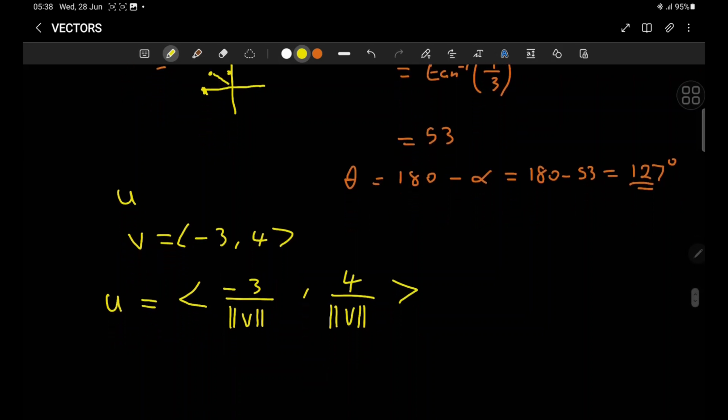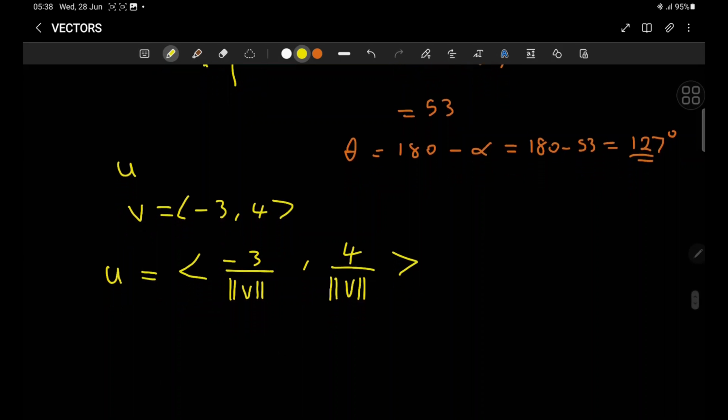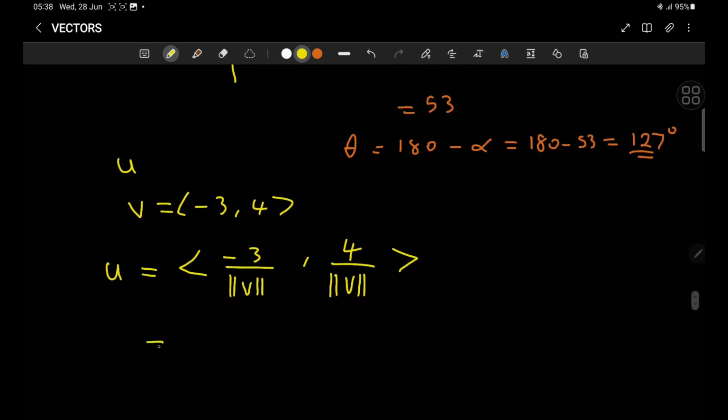We already found the magnitude of v as 5, so we replace. We'll have negative 3 over 5, comma 4 over 5. And this is our unit vector.